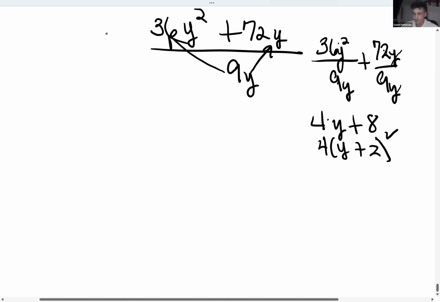If I factor out the 4 now, 4 goes into 4y, y times, plus 4 goes into 8 twice. Okay. Thank you, miss. If you distribute, look at the logic. If you distribute 4 times y and 4 times 2, you're back to this. Okay. Does that make sense?